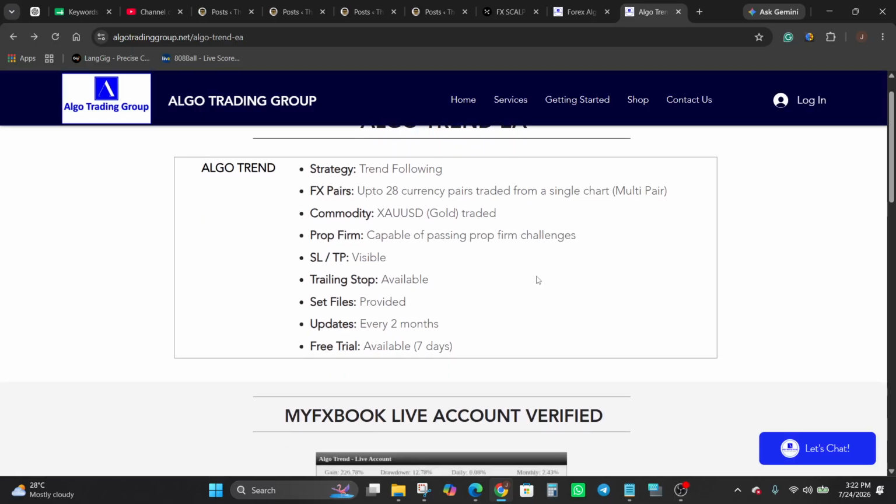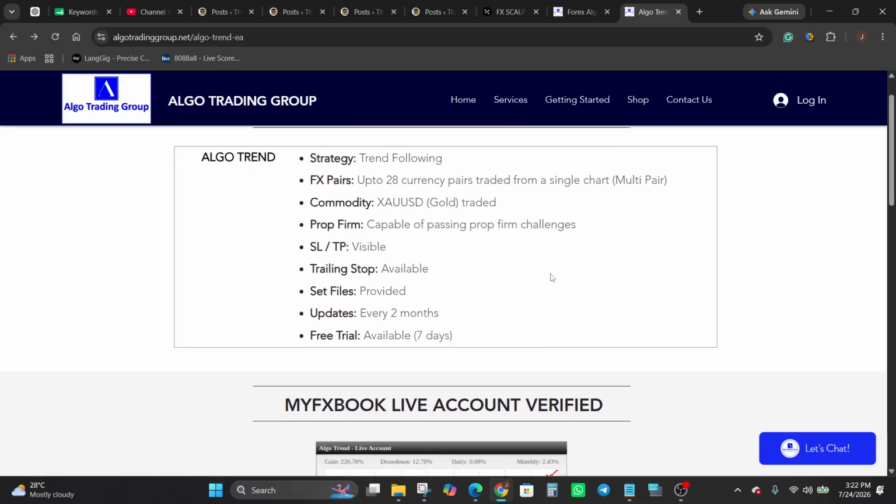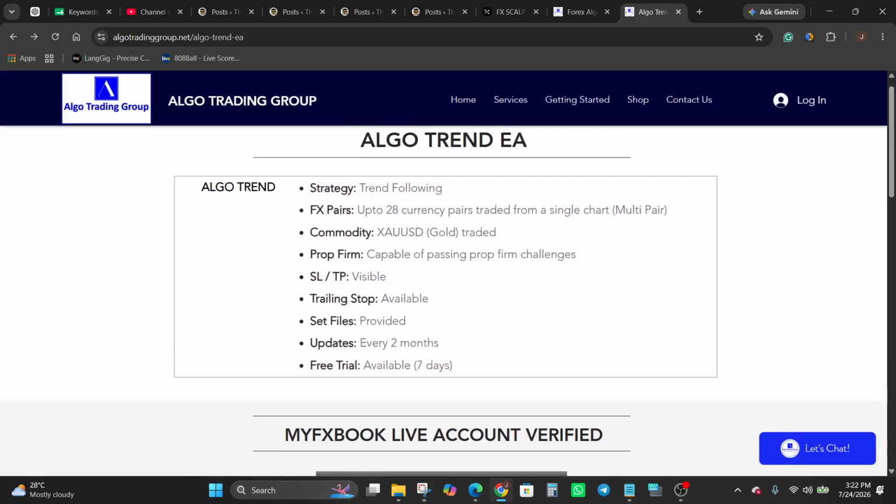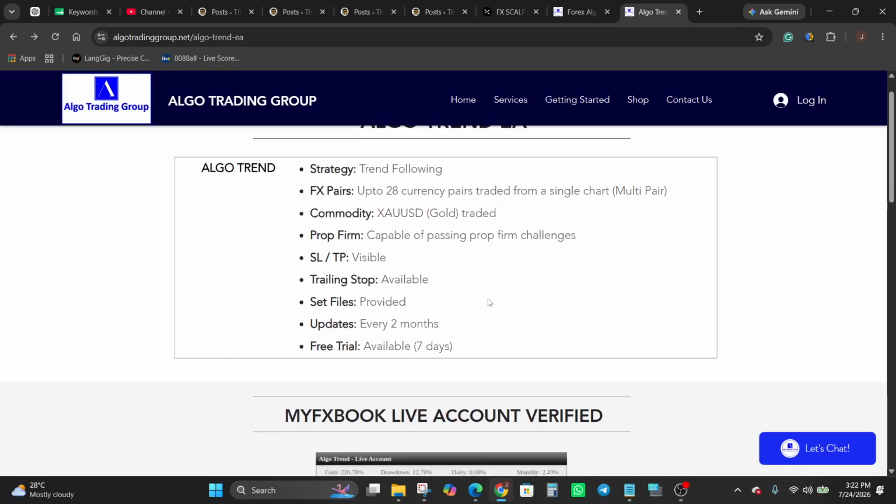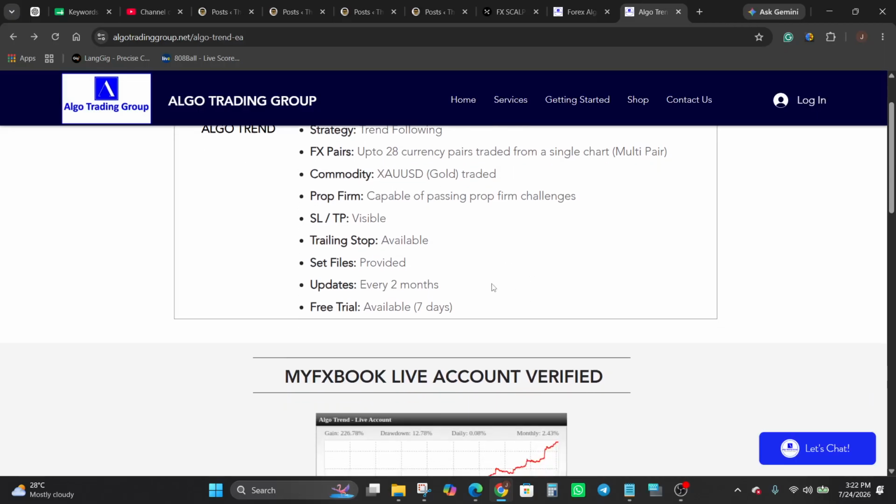All right, so looking at the core specifications listed on the site, the software is designed to operate multi-pair across up to 28 currency pairs directly from a single chart setup, alongside support for trading gold, which is XAUUSD. And then for risk controls, the developer notes that stop loss and take profit parameters are visible rather than hidden, and a trailing stop feature is built in.